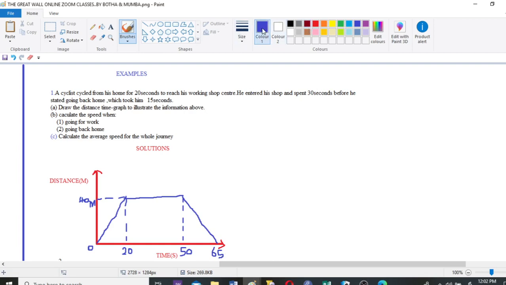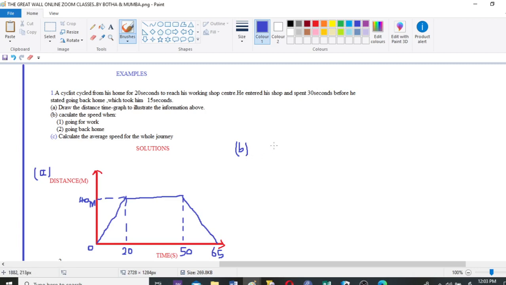So what we've answered here is our first question, which is A. Now we can go on and answer question B. In question B, we have been asked to calculate the speed when going for work. So at what speed did this person travel when going for work?